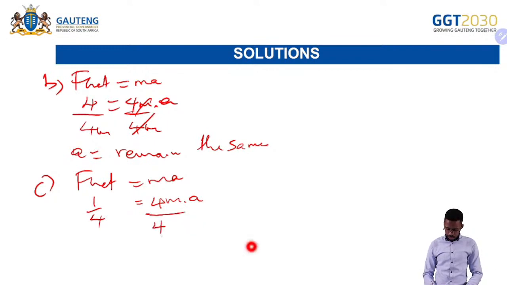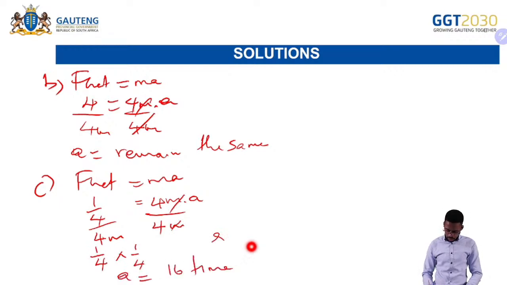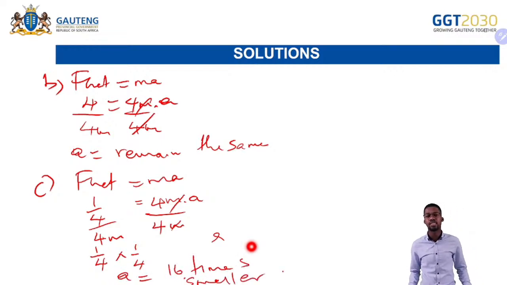So it means you must divide both sides by 4m. Therefore, acceleration is going to be 1 over 4 times 1 over 4. Therefore, acceleration will be 16 times smaller.